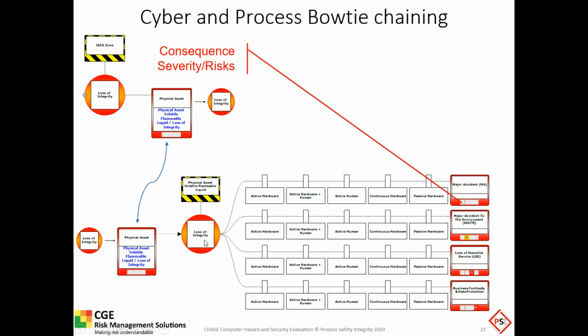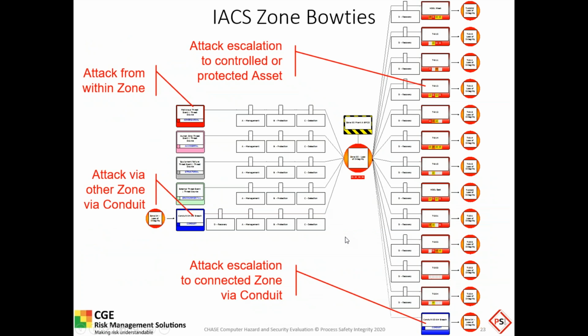So it could lead to a loss of containment, in this case a flammable liquid, which if your barriers are not present or not performing, then could lead to these tangible consequences. These are real effects on people, on the environment, on your equipment, on your business. So we're chaining together these bow ties. Logical consequences become physical threats.